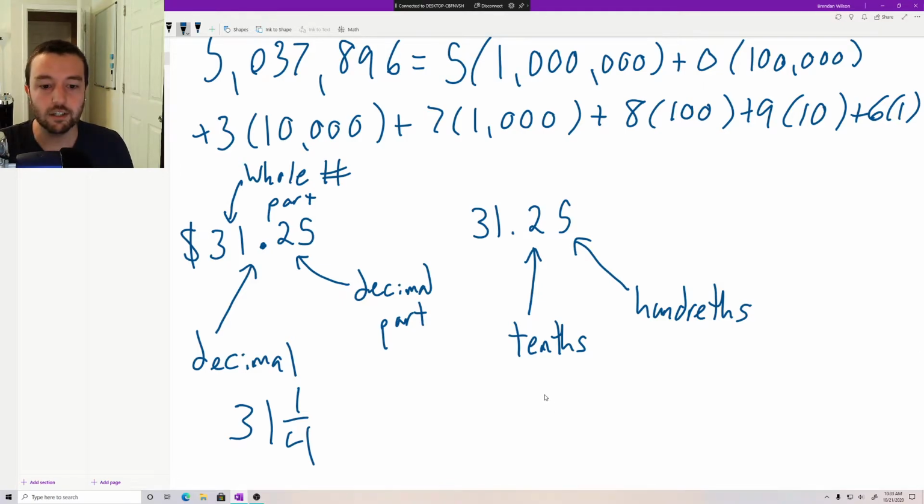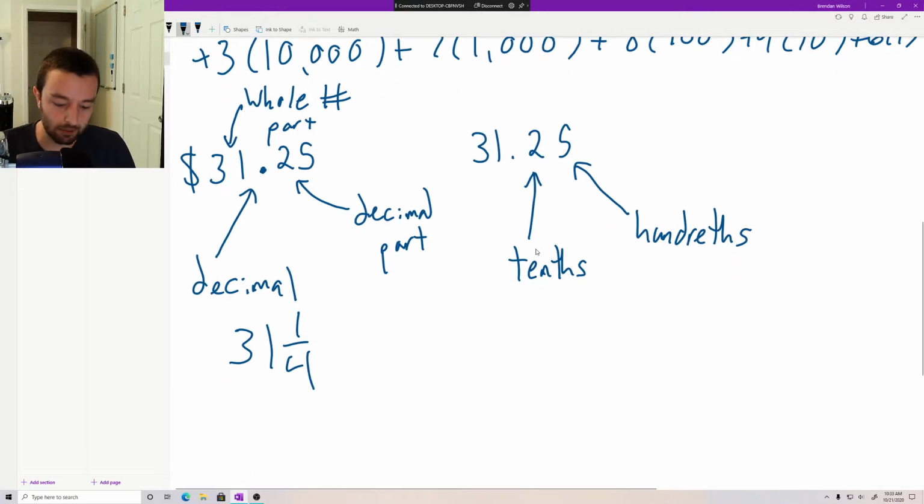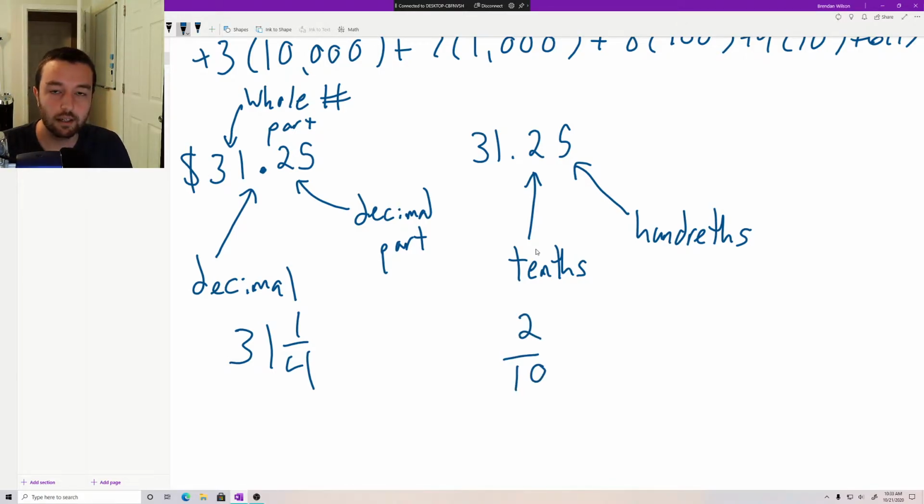So this should look kind of familiar. This is how we did fractions, right? If 2 is in the 10ths place, that's implying that we have 2 tenths. Okay, and that's exactly what it is doing. If 5 is in the 100ths place, that's saying that we have 5 hundredths. Okay. If we put these together to see how much we have overall, we would just add them together.